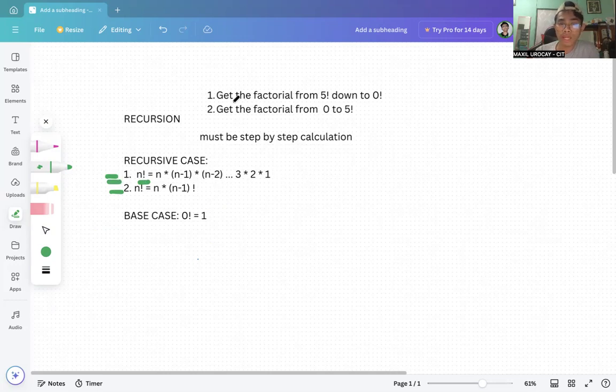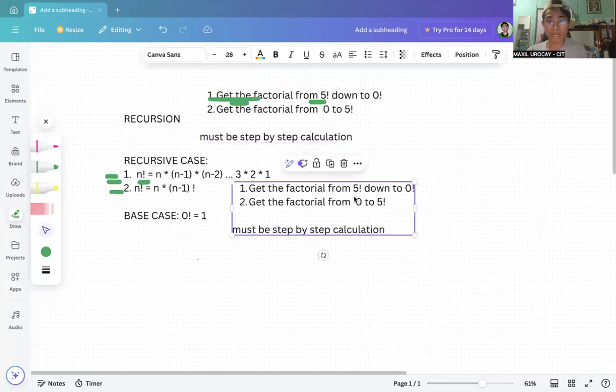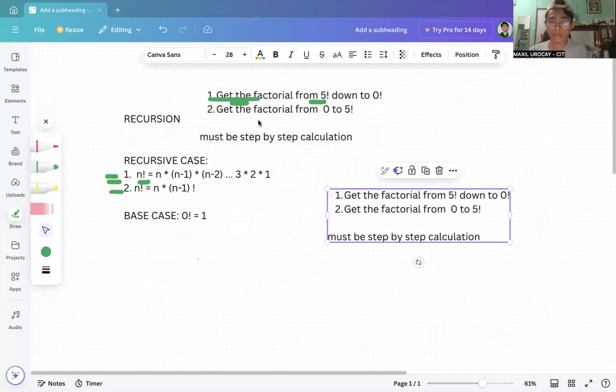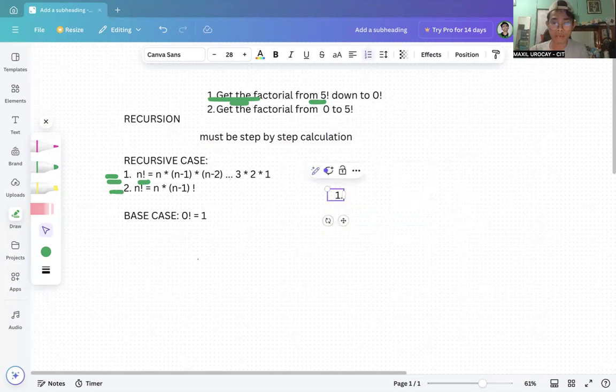So if I ask you for n as 5 down to 0, that means for 5, your n is 5 times 5 minus 1, 4, times 3, then so on up until 1. Let's calculate that first, step by step, since it's stated right there that it must be step by step.